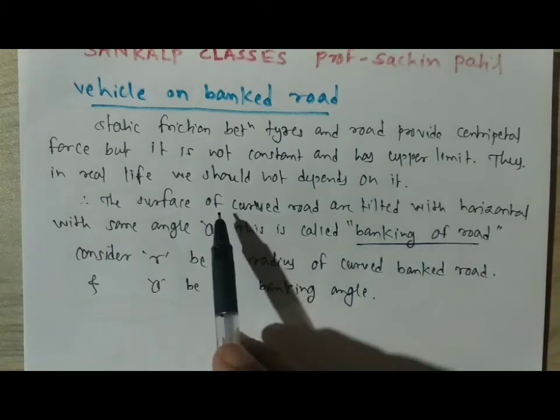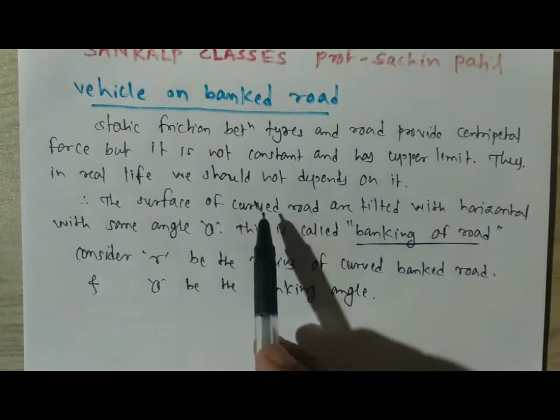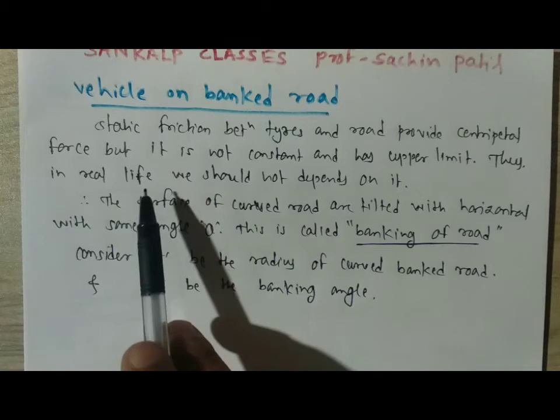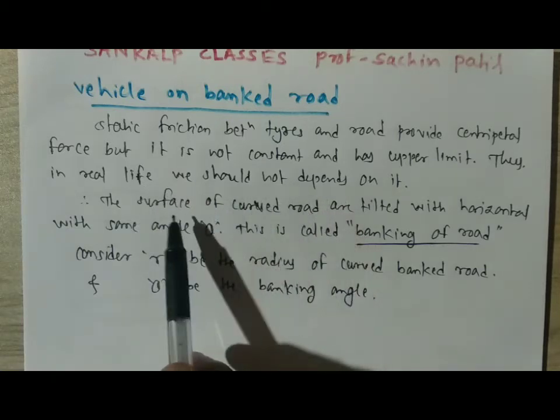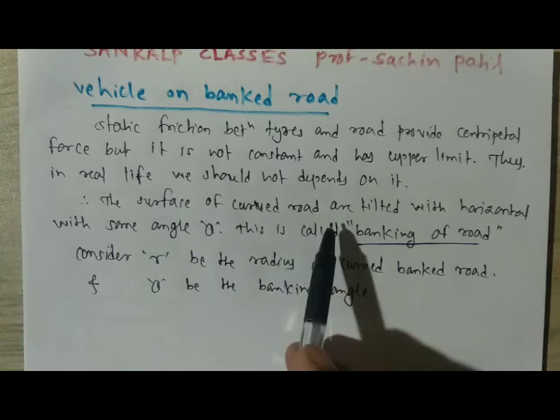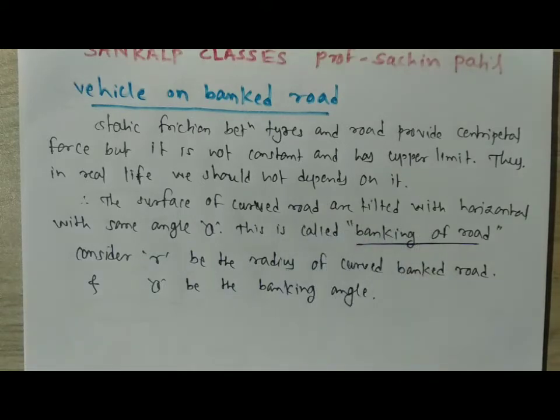Thus there will be a solution to that dependency. The surface of the curved road is tilted with the horizontal. Thus in real life we do not depend on that friction force.